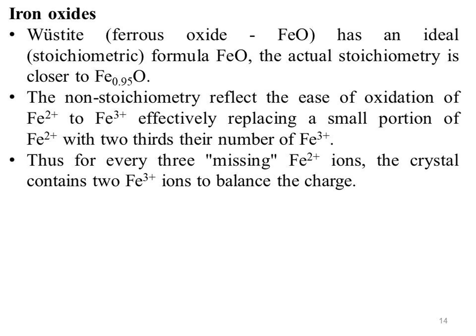Thus, for every 3 missing Fe2+ ions, the crystal contains 2 Fe3+ ions to balance the charge. The composition of a non-stoichiometric compound usually varies in a continuous manner over a narrow range.